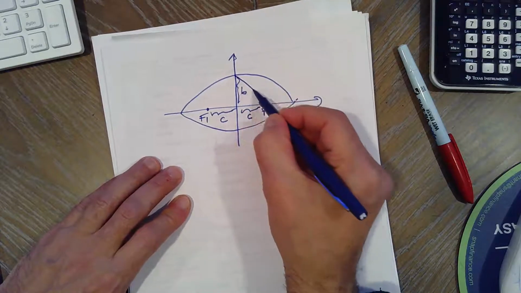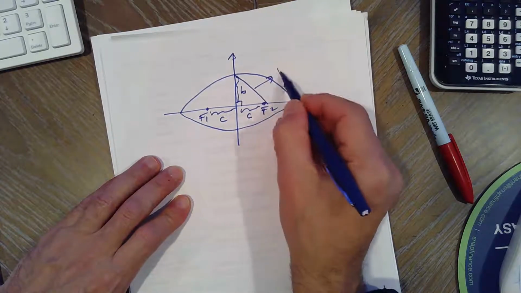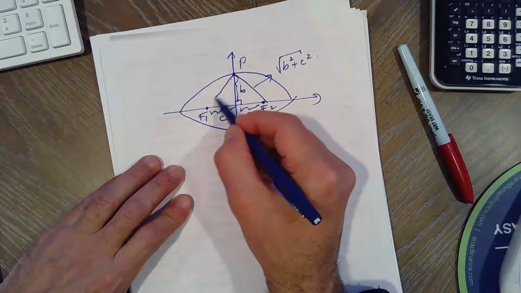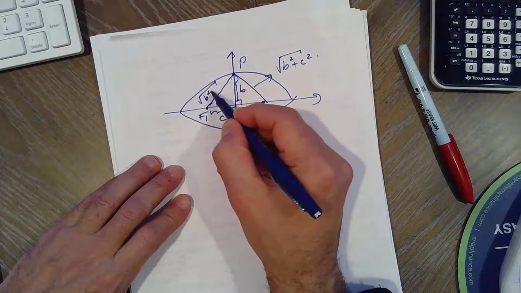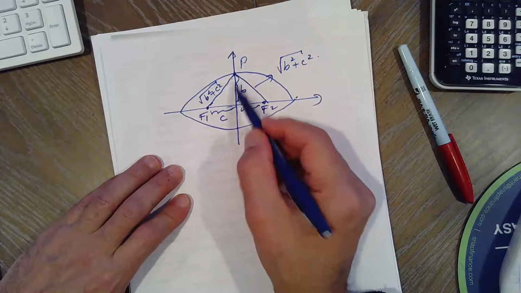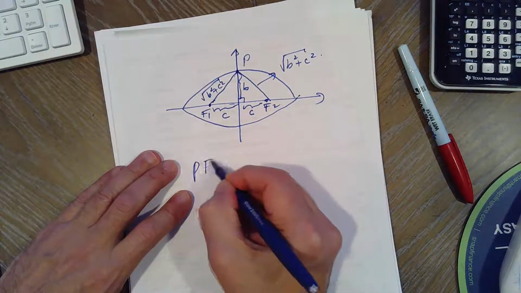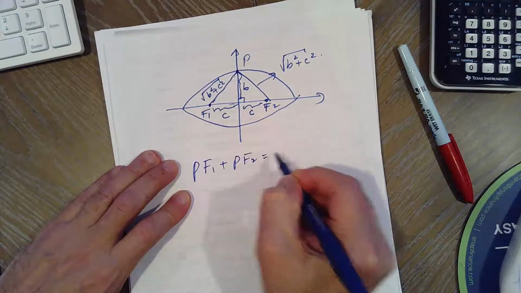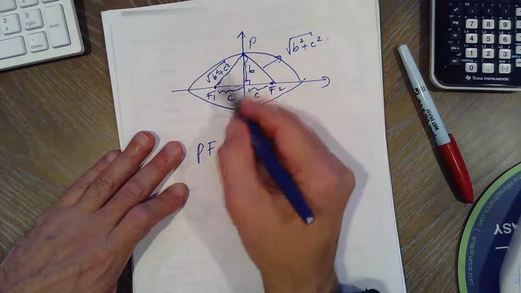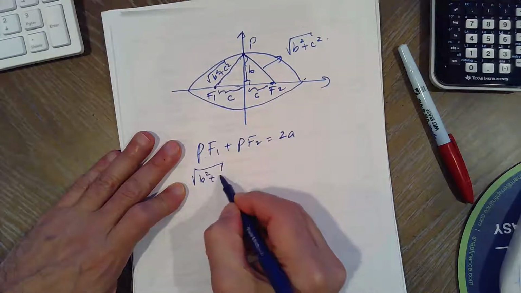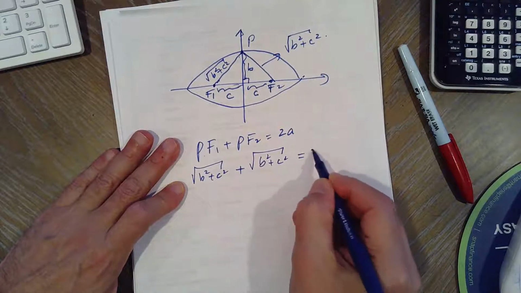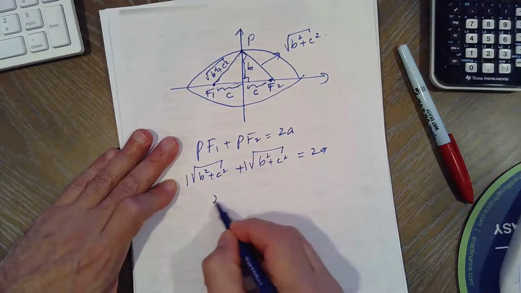So if we draw that, we have a right triangle. Using the Pythagorean theorem, this is P, and that's square root of b squared plus c squared. So PF1 plus PF2, remember we found that to be 2a, where P is any point on the ellipse. PF1 is square root of b squared plus c squared, and PF2 is also square root of b squared plus c squared. So there are two of those.